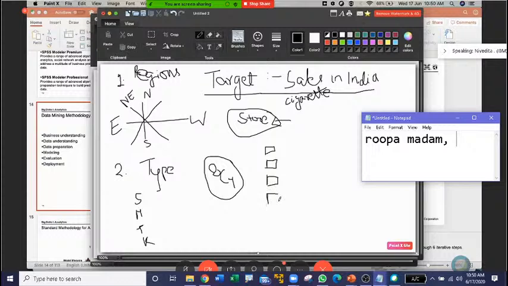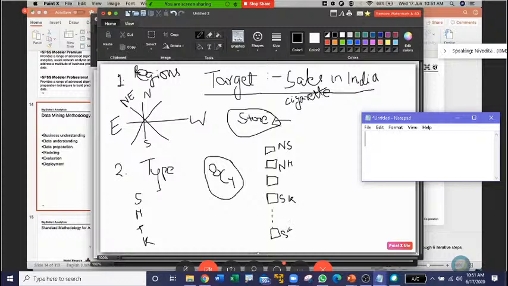Okay, let's say this is North Supermarket. This is again North Hypermarket. And let's say South Kiosk, and so on. You can take it up to South Tabletop.